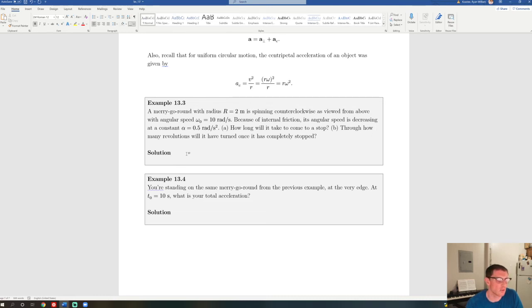Now, before we even begin solving this, note that I wrote its angular speed is decreasing at a constant rate. So what this means is that, thinking back to the orientation of the angular velocity vector and the angular acceleration vector, we can scroll up there.